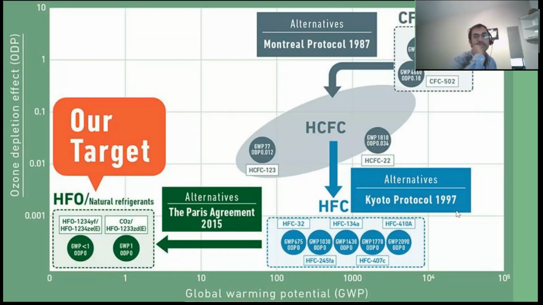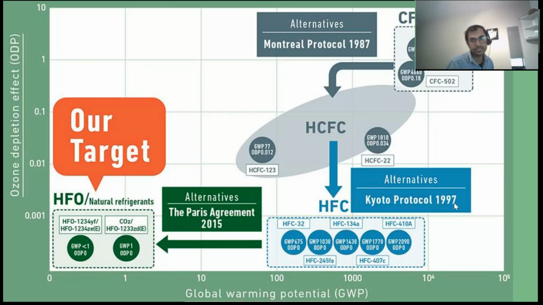Now, there are lots of discussions and protocols on refrigerants, and continuous evaluation has been happening for a long time. In 1987 came the Montreal Protocol, which addressed CFCs. They discussed how to evolve refrigerants to be environment friendly with the least impact on our environment.